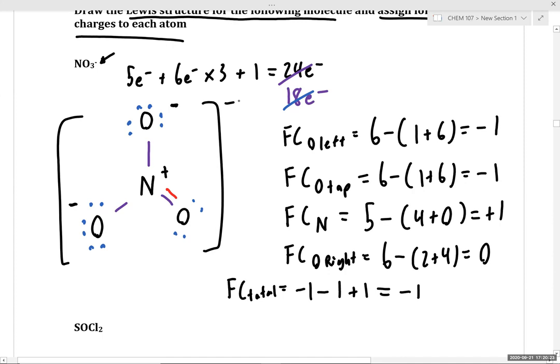Does this example make sense to everyone? So you want to make sure that your formal charge of all of your atoms when added together matches the total charge of your molecule.